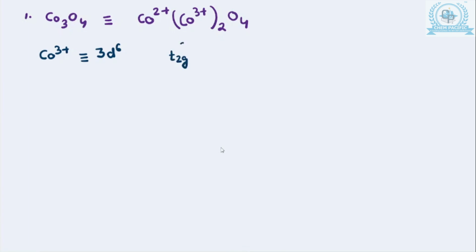So it mostly tends to acquire the electronic configuration of t2g6 in octahedral field. That is, it is in the low spin state.